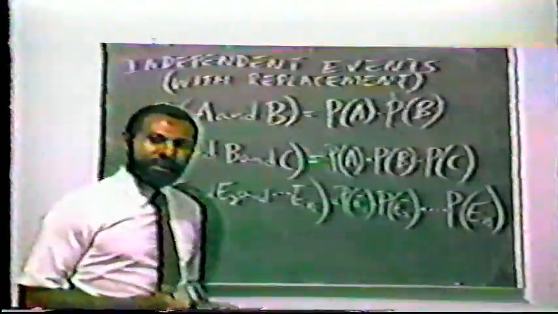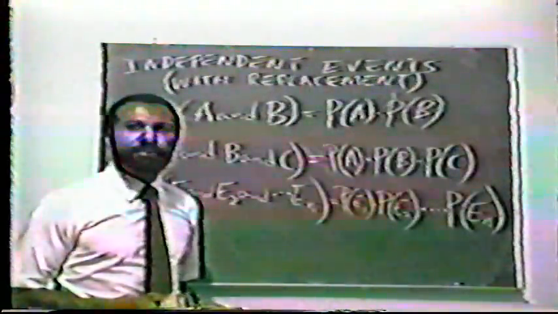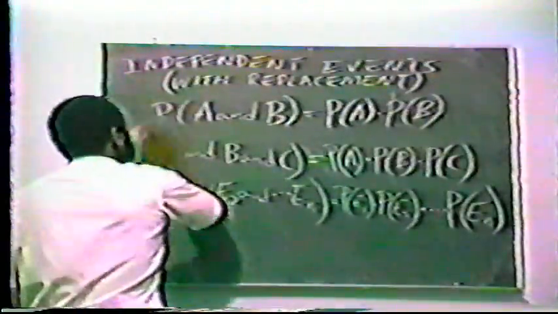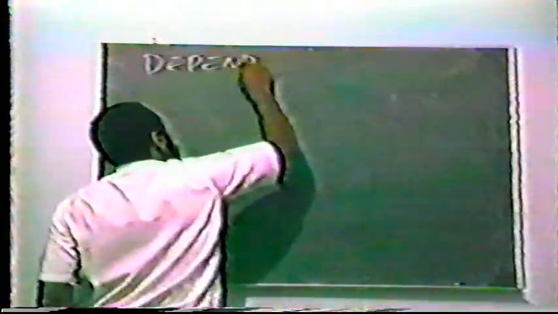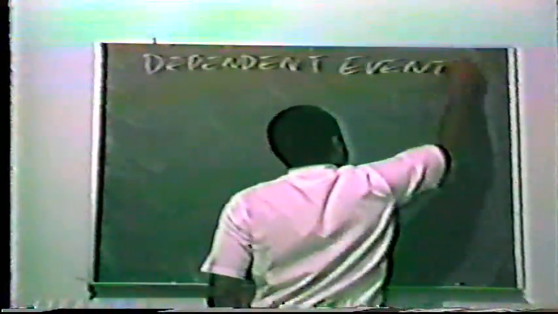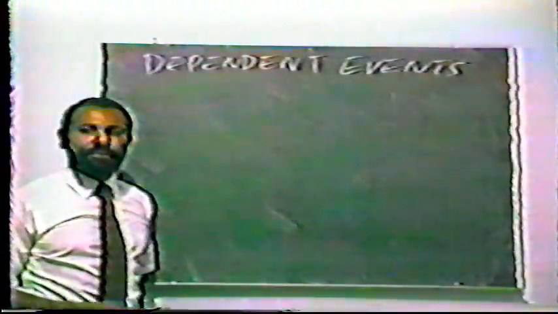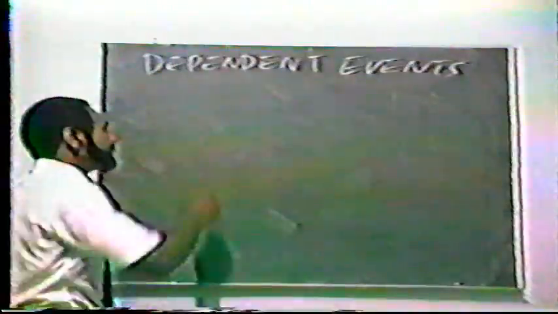Now, let's look at how the formula looks when you have dependent events. When you have dependent events, you're talking about doing the probabilistic experiment without replacement.